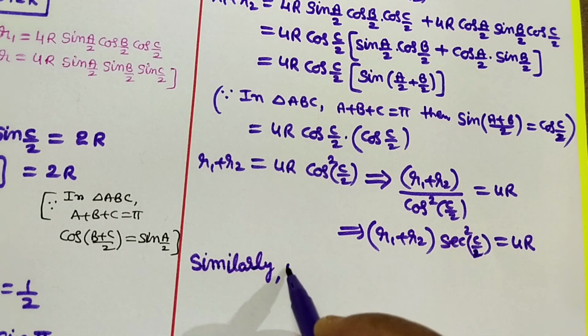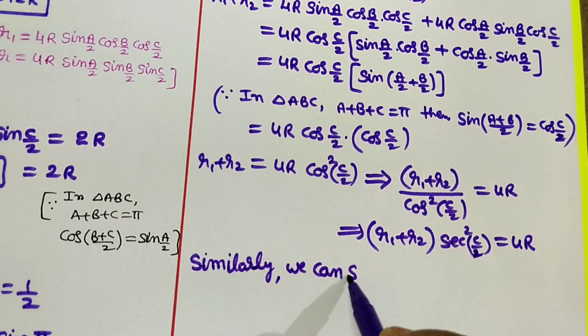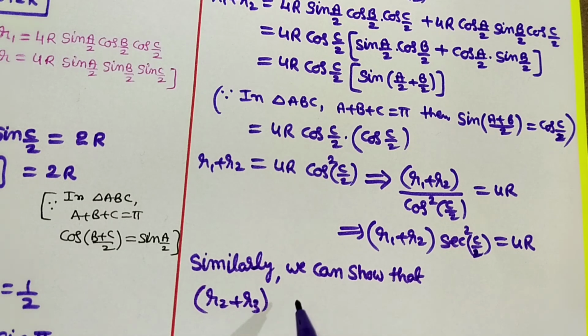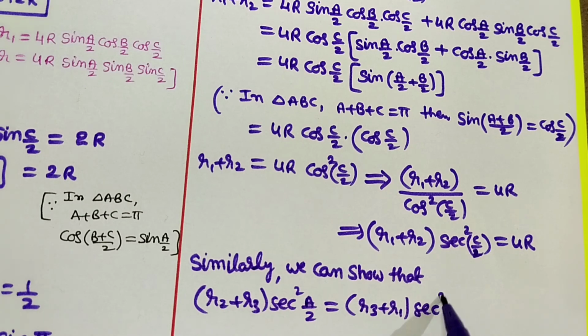Similarly, we can show that (r2 plus r3) into secant square A by 2, which is equal to (r3 plus r1) into secant square B by 2, is equal to 4R.